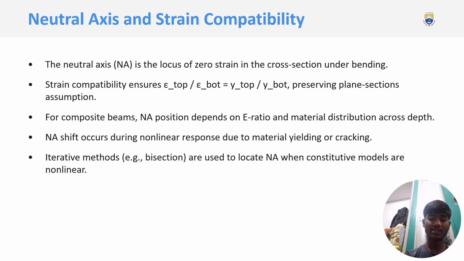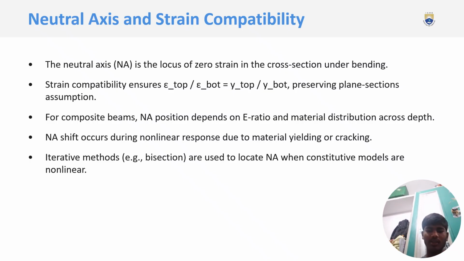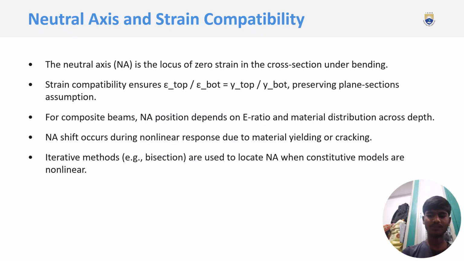The neutral axis. NA is the locus of zero strain in the cross section under bending. Strain compatibility ensures epsilon top by epsilon bottom equal to y top by y bottom, preserving the plane sections assumption.